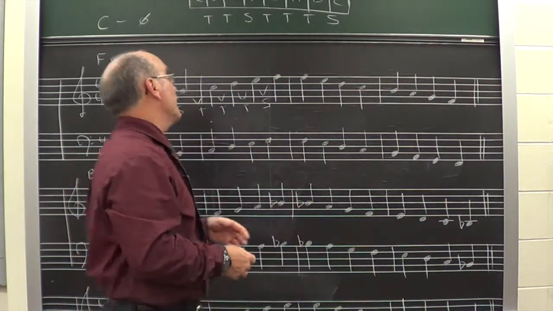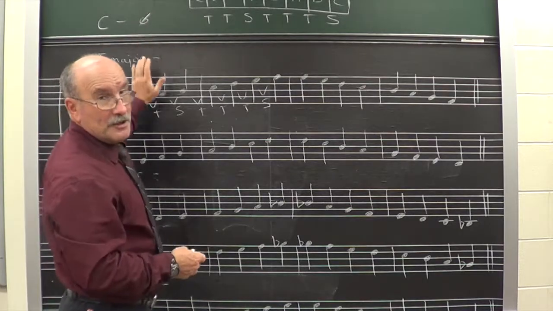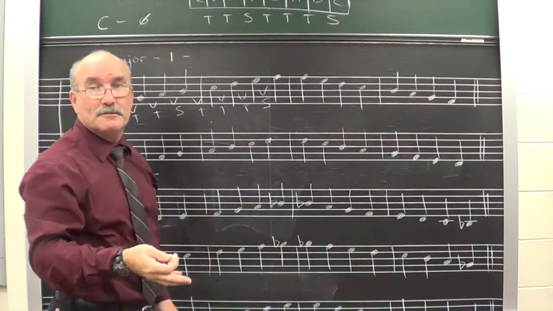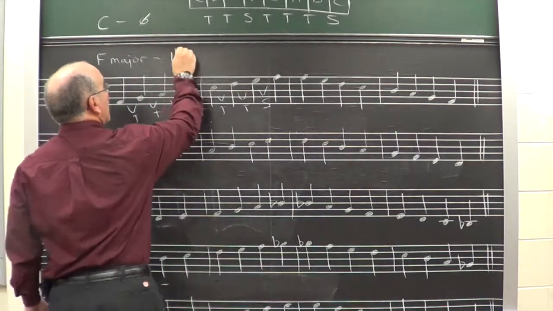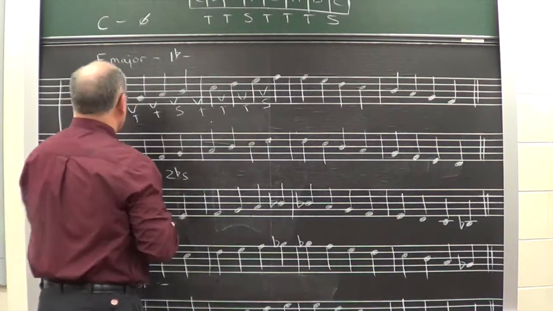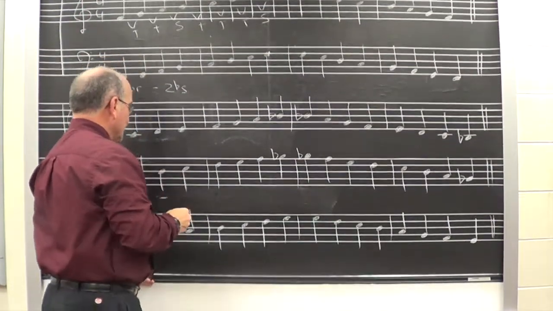Well, if that's the case, then C major has nothing, then F major, which is the next scale, is going to have one flat. Okay? B flat major is going to have two flats. E flat major is going to have three flats.